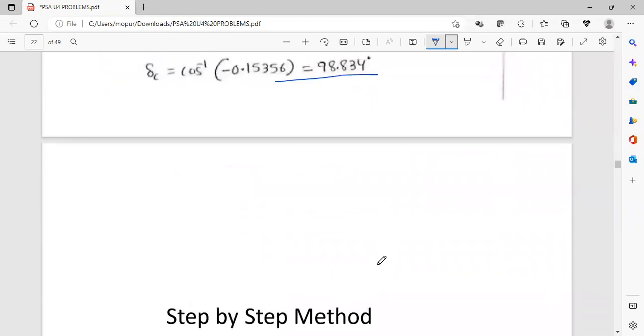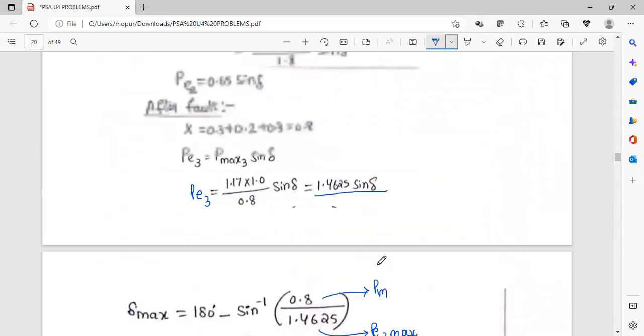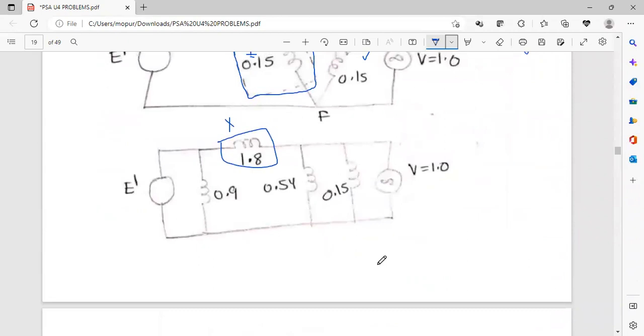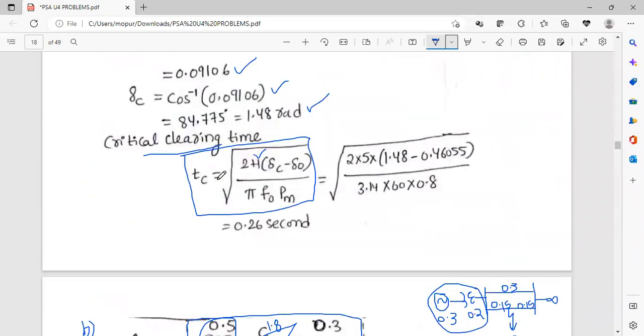And for critical clearing time, you can use the same formula. The critical clearing time formula remains the same for both applications. Since del C changes for the two applications, the corresponding critical clearing time also will change.